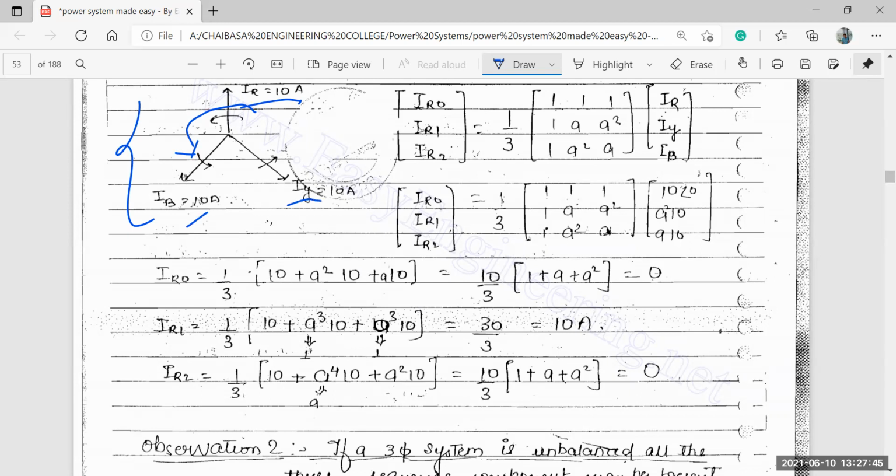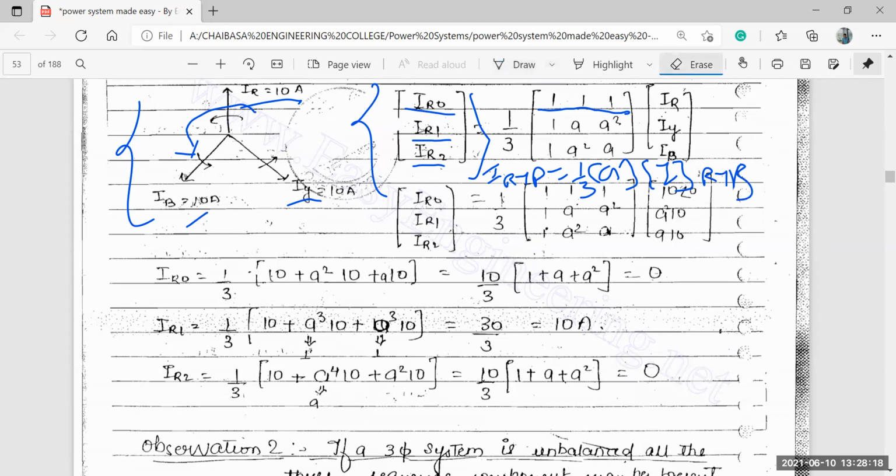Now, if you have to find the sequence components of all these, you could find them using this framework: I0, I1, I2 equals 1 by 3 times the matrix of 1, 1, 1, 1, this matrix, that is the A operator matrix, times IR, IY, IB.